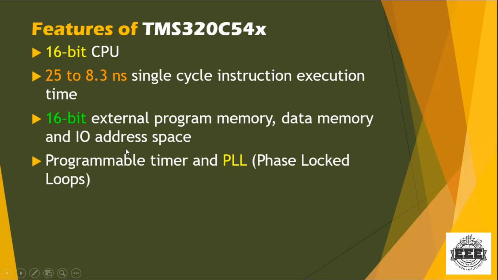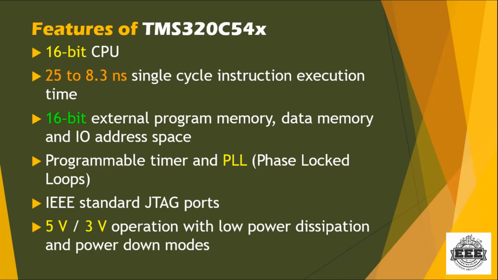Then a programmable timer and a PLL, phase lock loop, are considered features of this TMS320C54x, and it is considered high performance. This processor can also be used at 5 volt and 3 volt, for the power dissipation mode and the power down mode. In both modes we can use it at 5 volt and 3 volt.